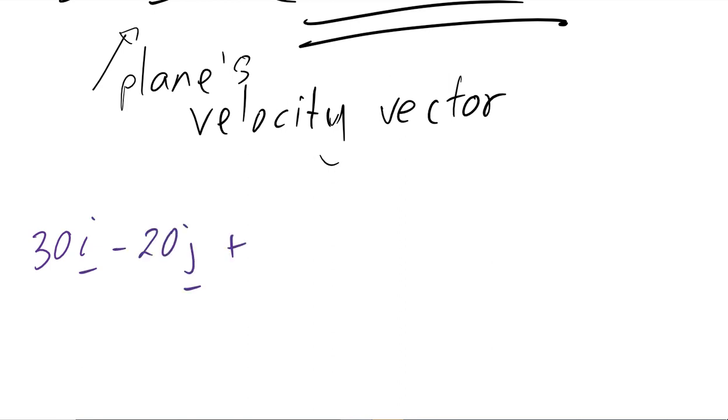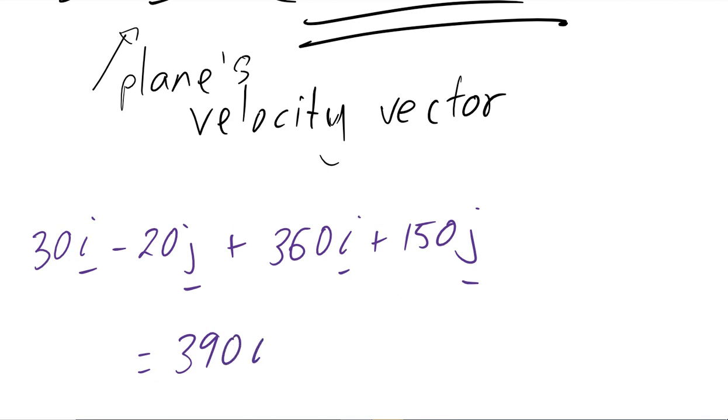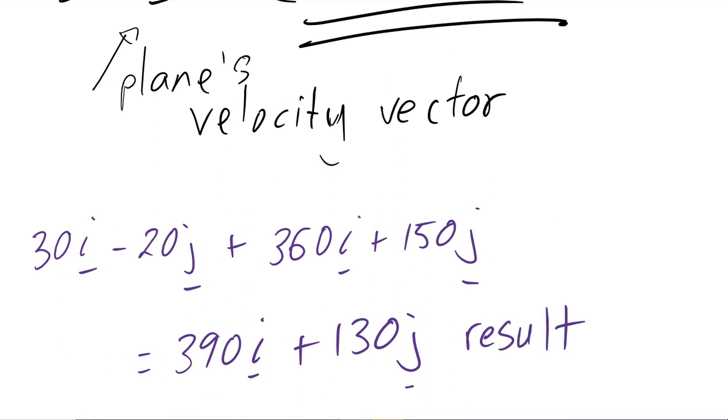If I add that to the plane's velocity vector, which I have just worked out to be 360i plus 150j, if I add those together, I end up getting 390i plus 130j, which is my resultant velocity vector.